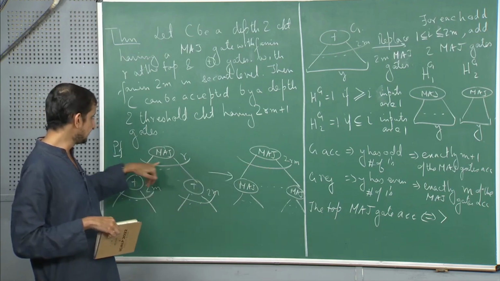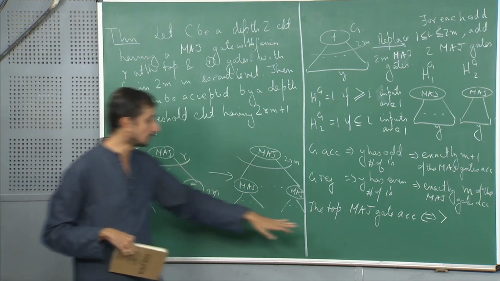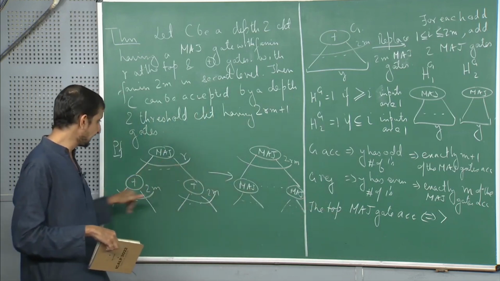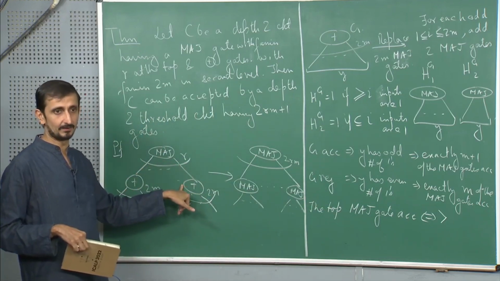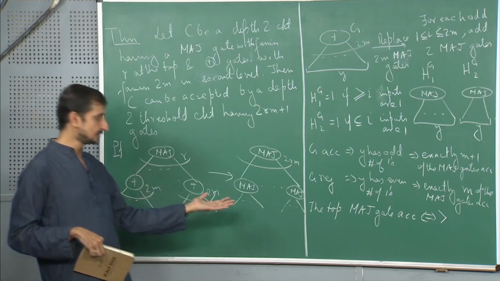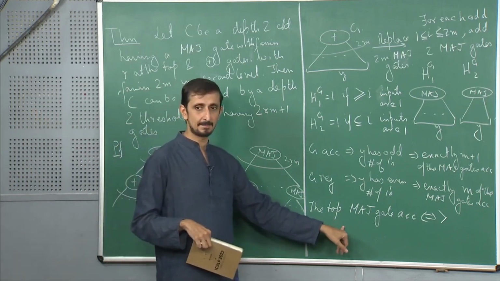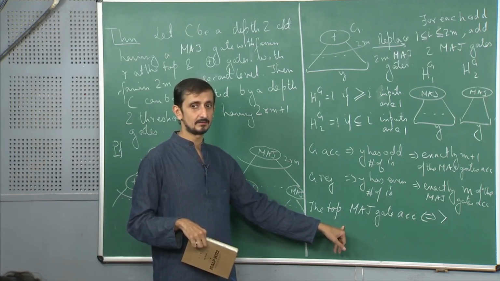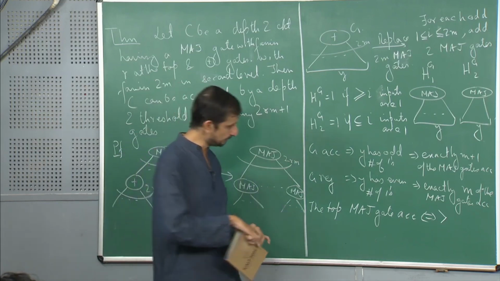So when would this top majority gate accept? Here this gate would accept if greater than R of these are 1, or in other words greater than R by 2 are 1. So here when would this accept? Rm plus R by 2.